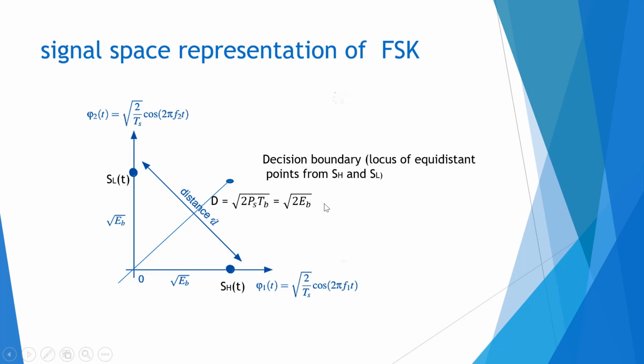This shows the decision boundary, or locus of equidistant points from SH and SL. Depending on this, the signal will be selected, that is, either 1 is transmitted or 0 is transmitted.